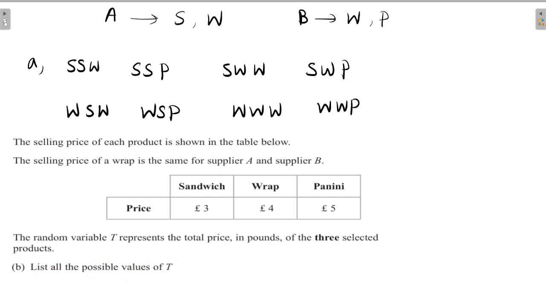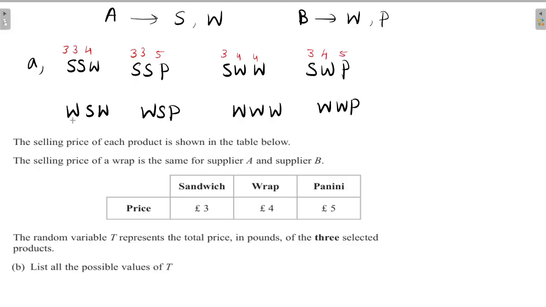So, let us consider the price of each combination. So, sandwich, sandwich, wrap is 3, 3, 4. Here, 3, 3, 5. Here, 3, 4, 4. Here, 3, 4, 5.